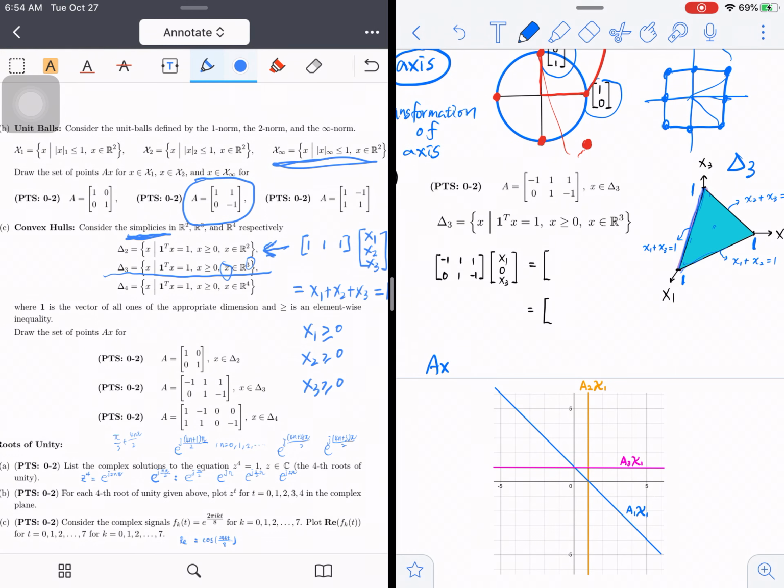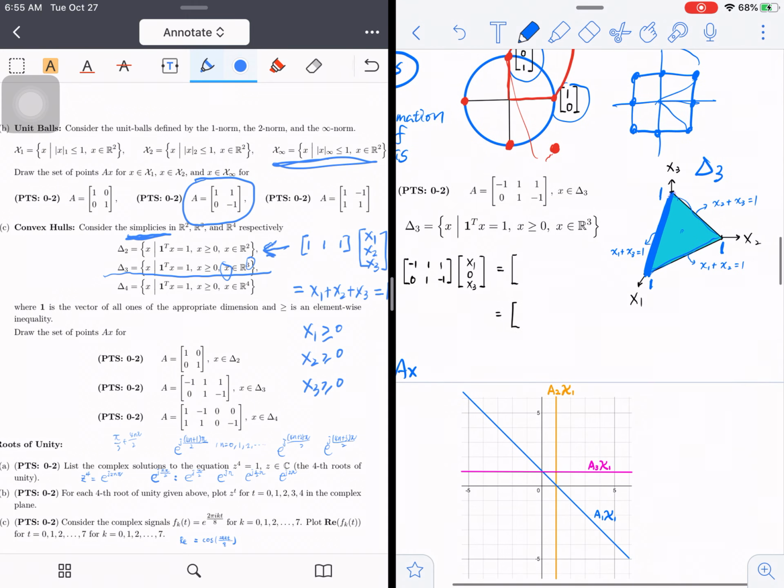Well, we utilize another trick, which is different from problem B and A. We plot the boundary. So we focus on this boundary, and this boundary. For example, if I focus on this boundary, we know that this boundary is x2 equals 0.